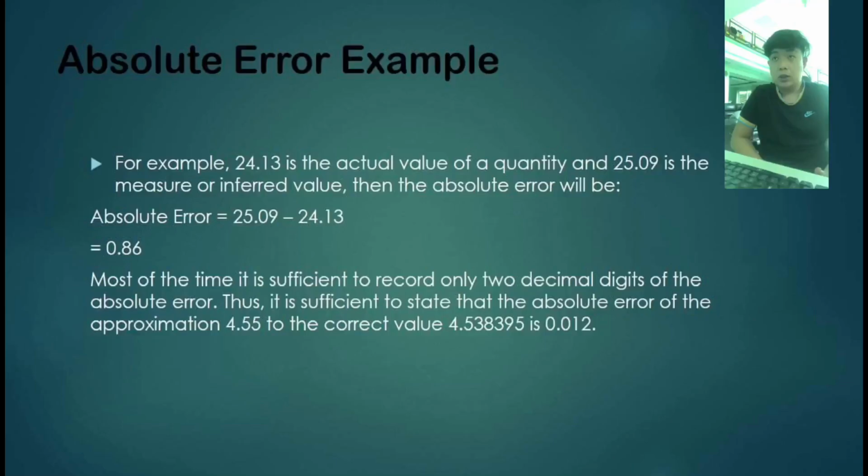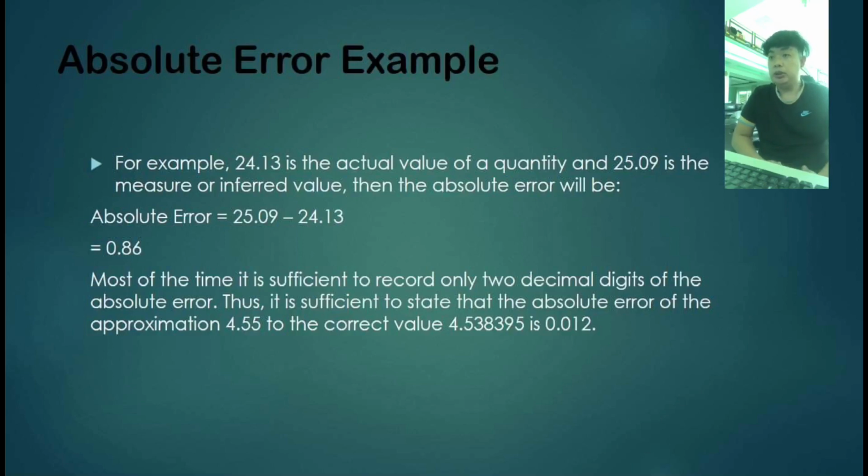Absolute error example. For example, 24.13 is the actual value of a quantity and 25.09 is the measured or inferred value. Then the absolute error is 25.09 − 24.13 = 0.86.